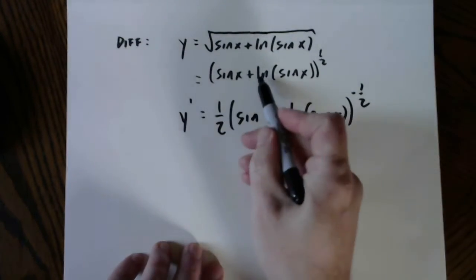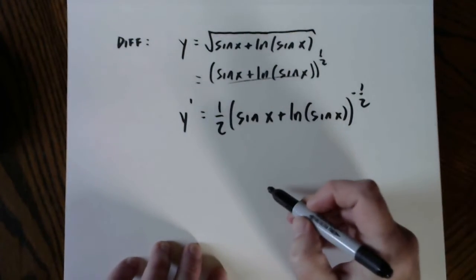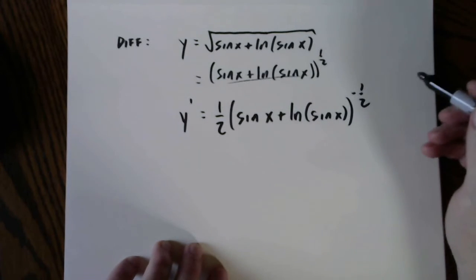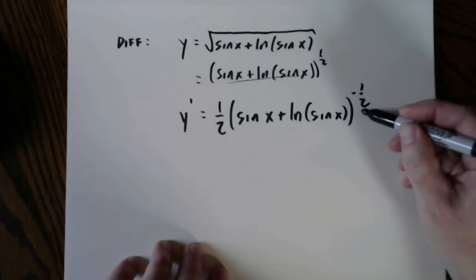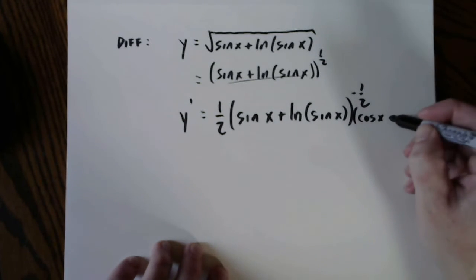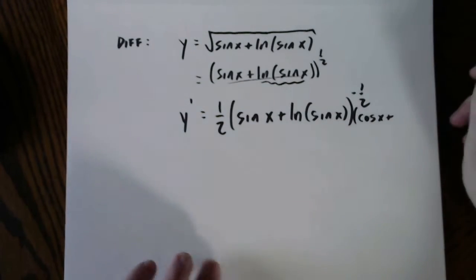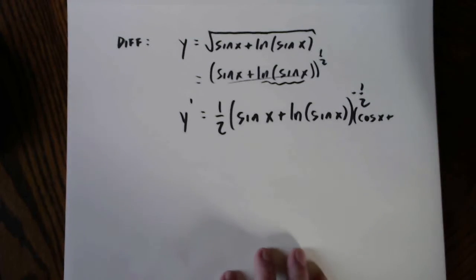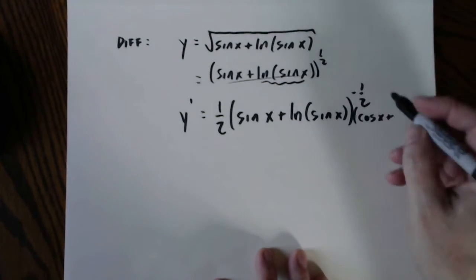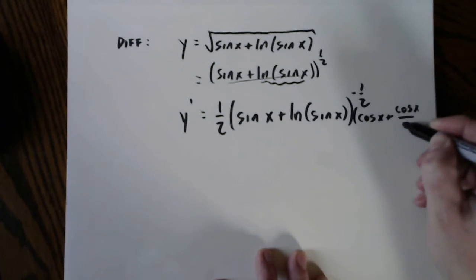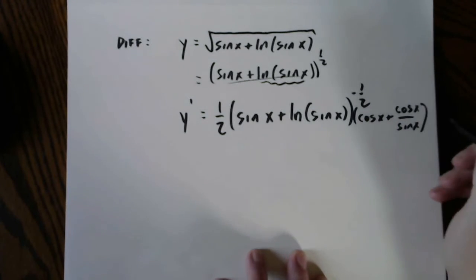Power rule, right? So now I need the derivative of the inside. I ran out of room. Son of a gun. So I have cosine x plus, and now I have the derivative of this guy. That'll be my ln rule. So I'll have cosine, right? That's u prime, if this is my u. Cosine over sine, that's cotangent.